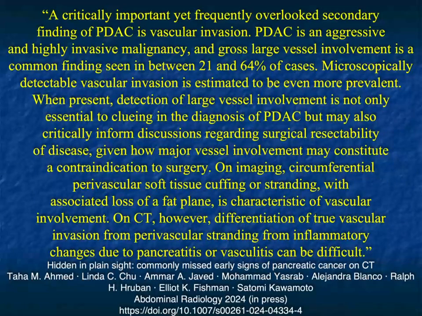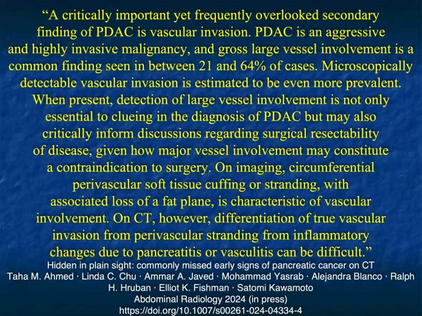Another factor we talk about is vascular invasion. Now, in pancreatic cancer, the main reason patients are unresectable is because they have arterial or venous involvement. But again, not everything is pancreatic cancer when there's vascular involvement. I spoke about that a few moments ago. I've also spoken about that a few months ago and a few years ago.